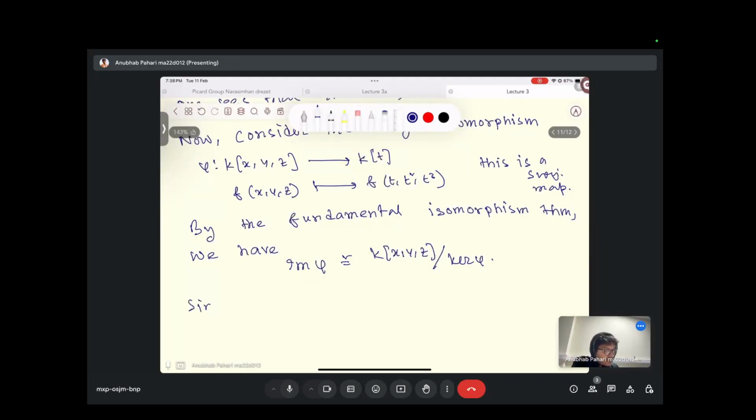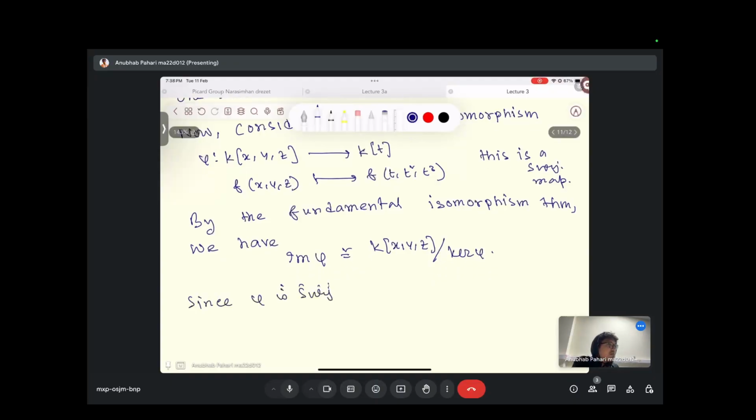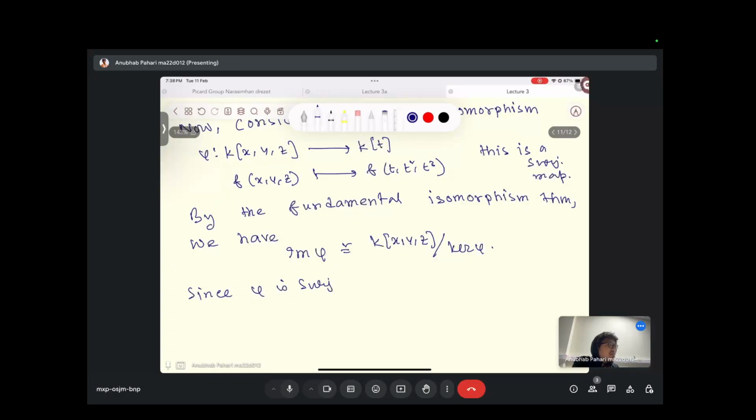Since phi is surjective, we have the image of phi equals k[t].